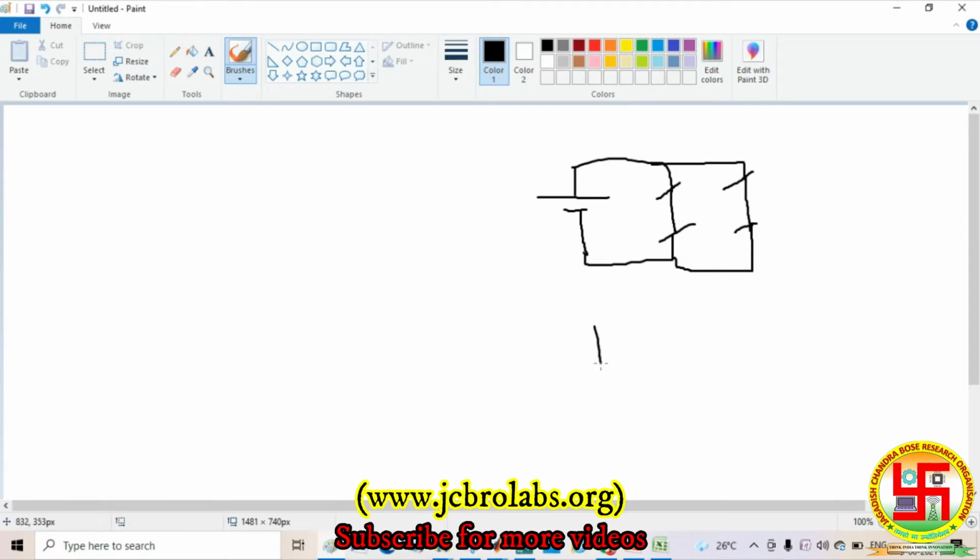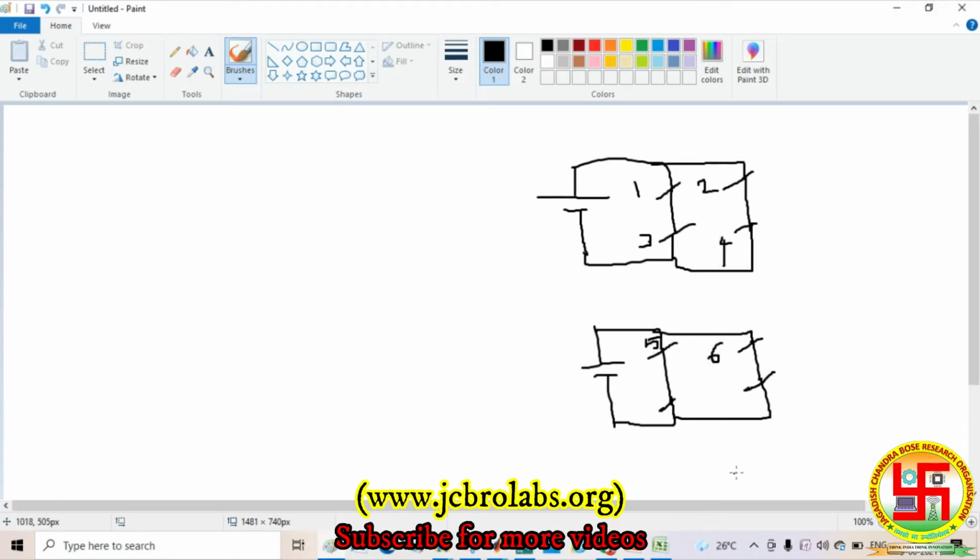This is one bridge, and this is the second bridge which I am taking. This is 1 and 2, this is 3, 4, 5, 6, and 7, 8. So totally 8 switches.